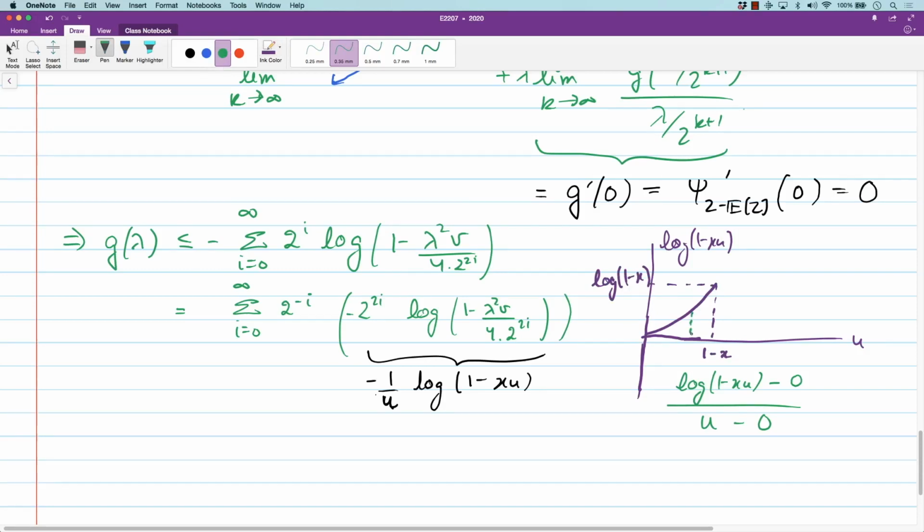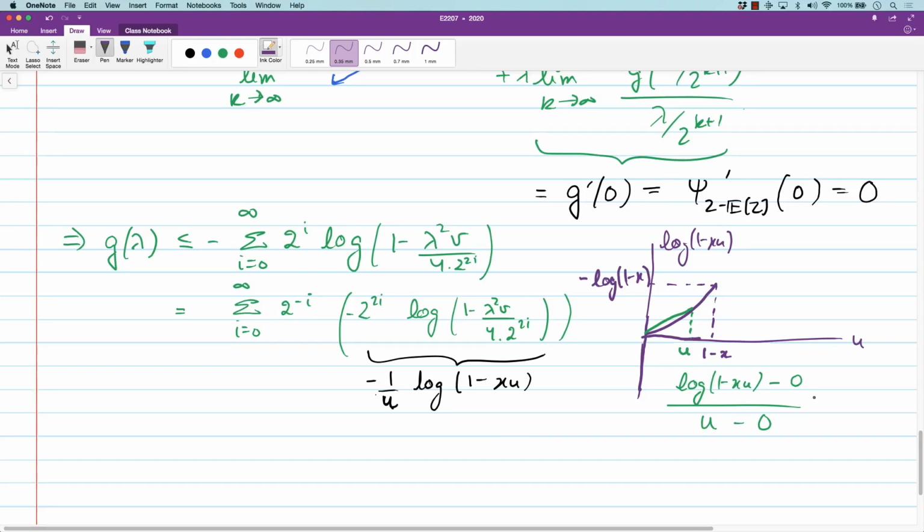Now you take any point. This is the point x, this is the point some arbitrary u, and draw this line. This will also lie above it, and the slope of this chord is this much. And because this function is concave, as you increase u, this chord's slope increases.